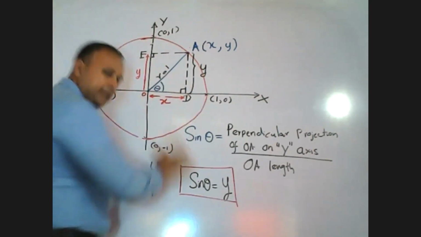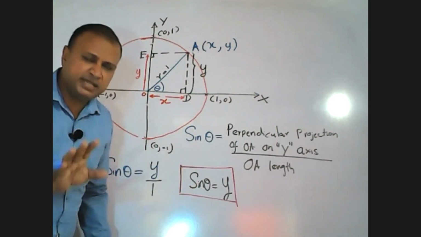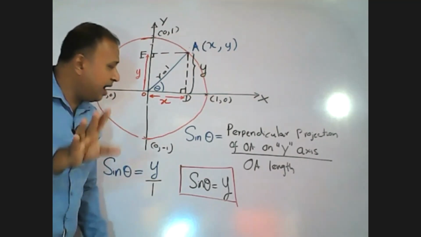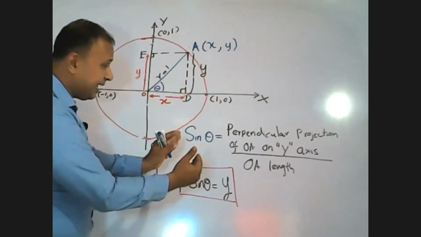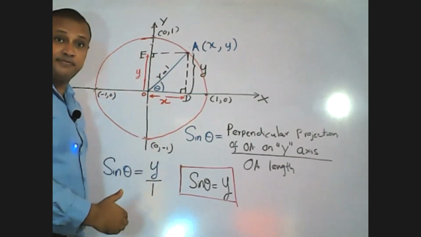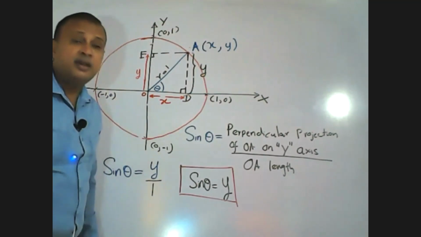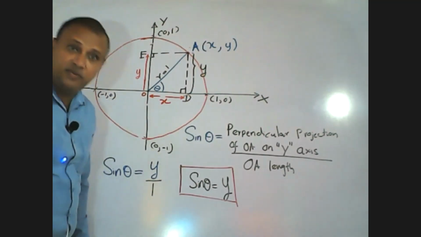So now I have written the same sine theta, but using terms in circles, not the terms of triangles. That is the only difference.